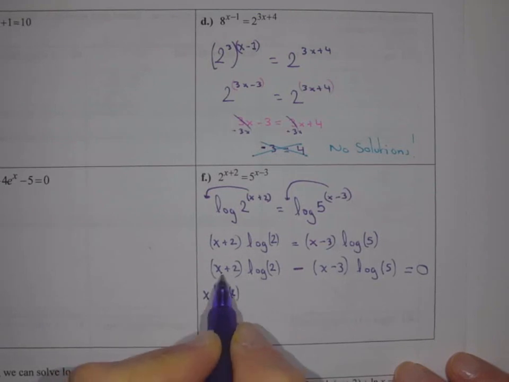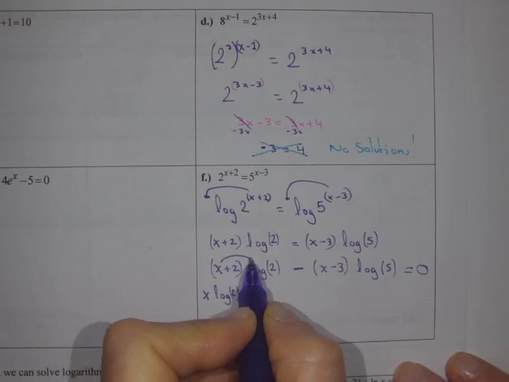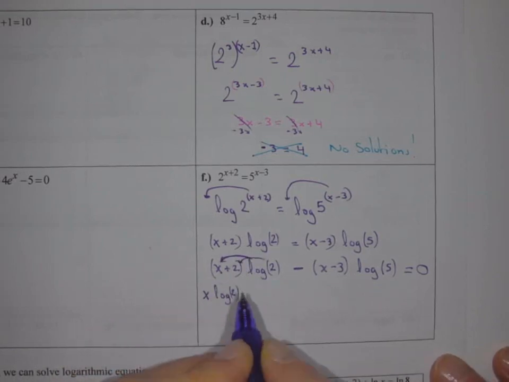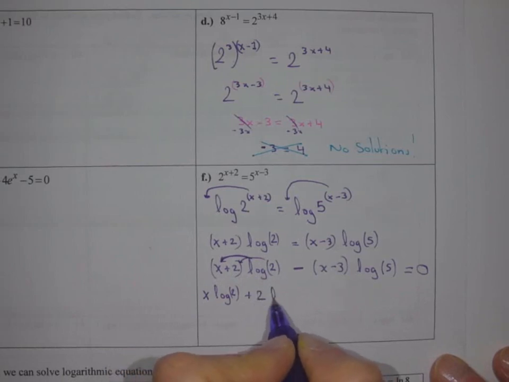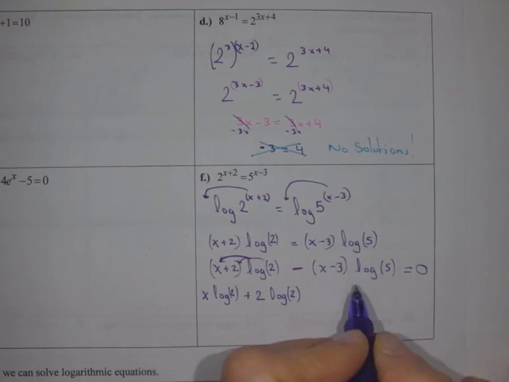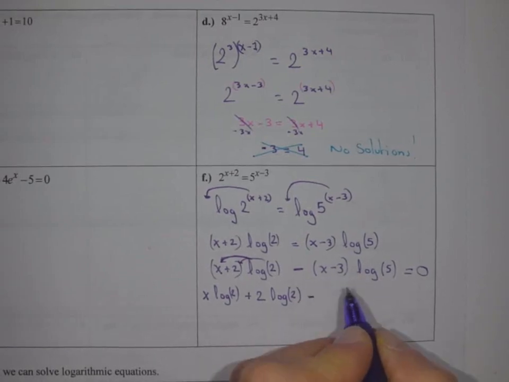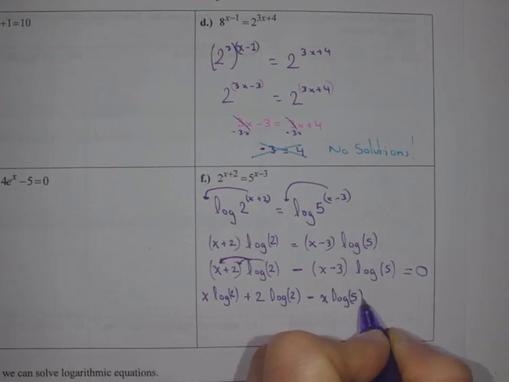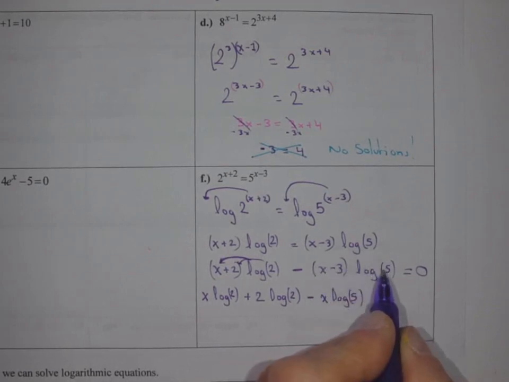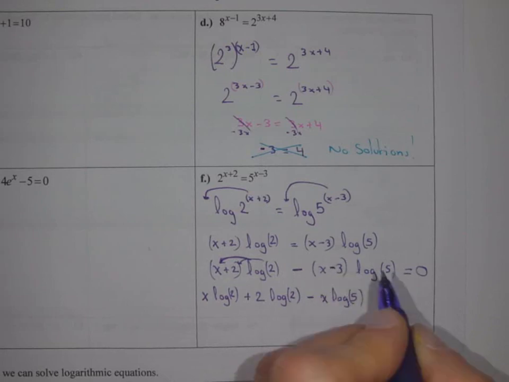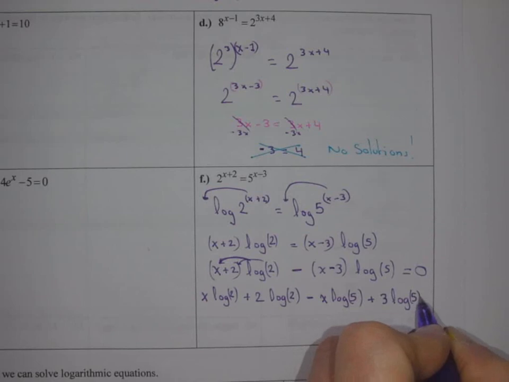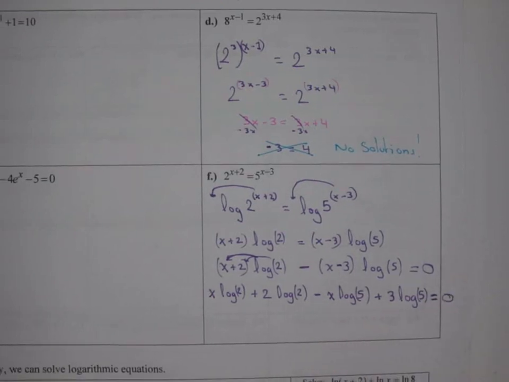So x times log of 2, and then the log of 2 and the 2, so plus 2 log of 2. Do the same with this one, distribute the log 5 here. So we have minus x log 5, and then negative 3 log 5, but a negative negative becomes positive, so plus 3 log 5. And that's still all equal to 0.